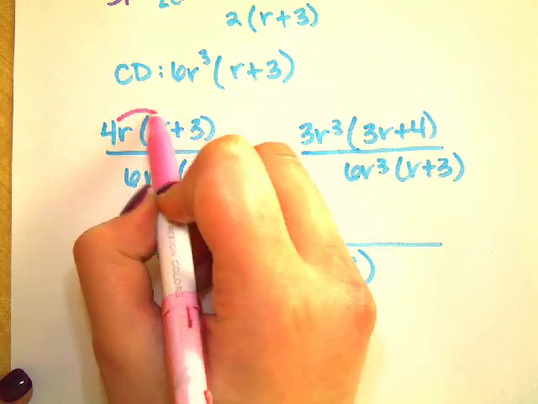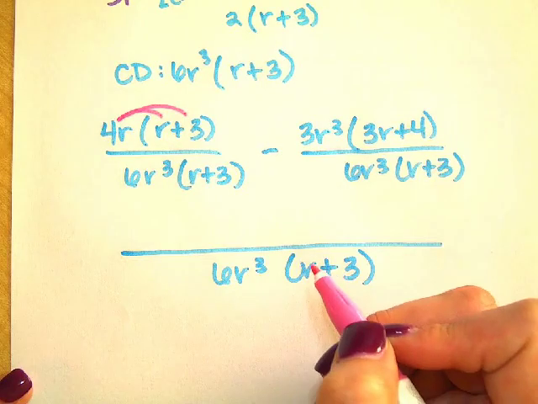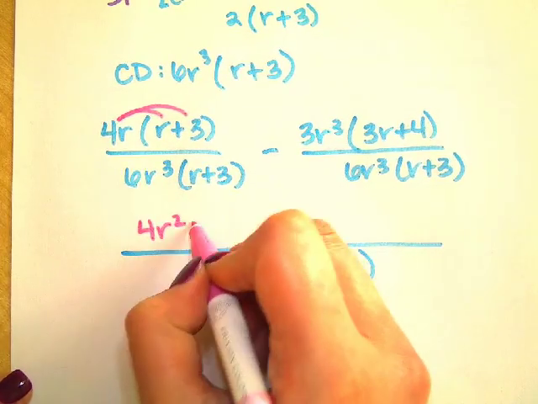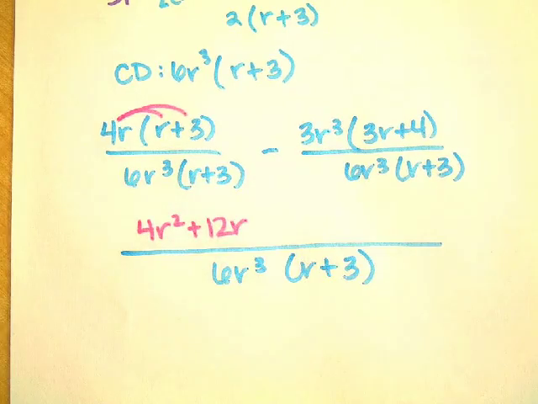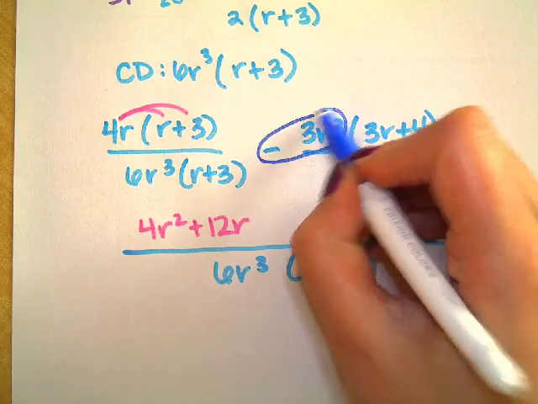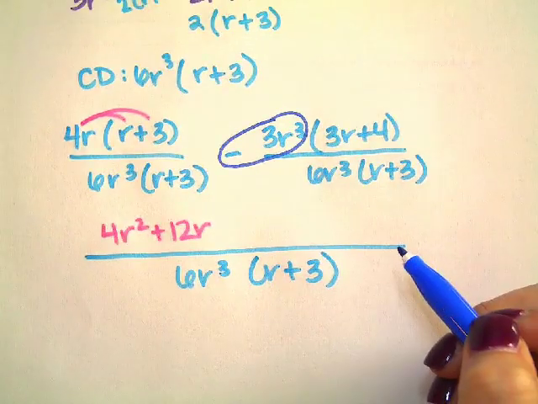So if I distribute the 4r, what do I get? 4r squared plus 12r. Okay. And how am I going to handle that negative? Yeah, I'm going to keep it with the 3r cubed. So I'm going to think of that as a negative 3r cubed.